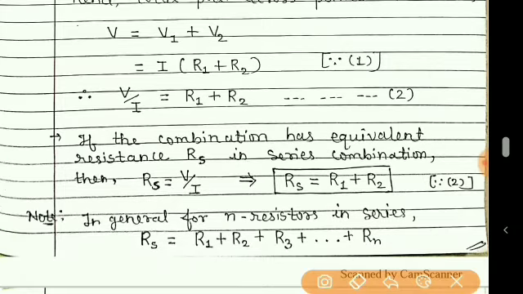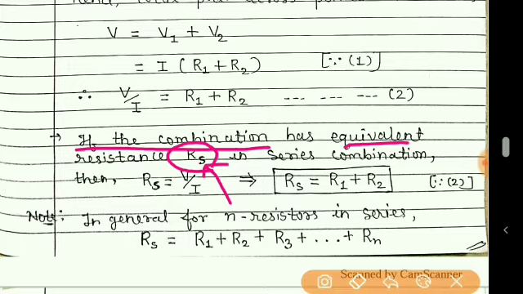Now for the combination, the equivalent resistance is considered as Rs. This S is for series because the resistors are connected in series.